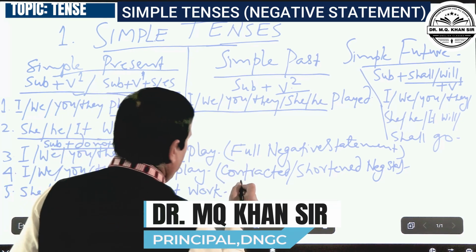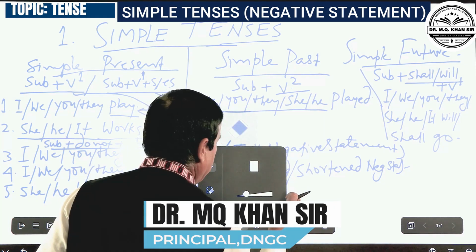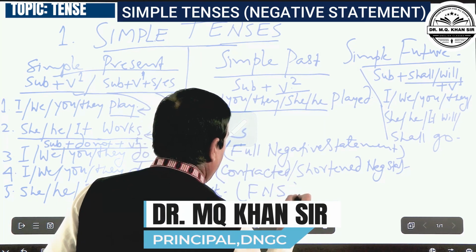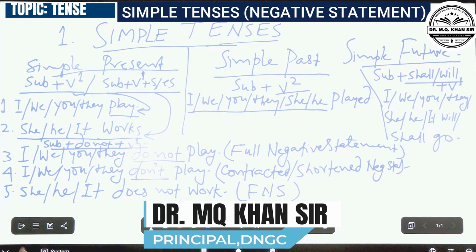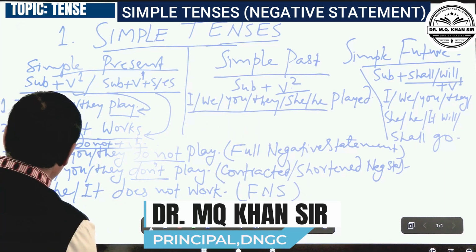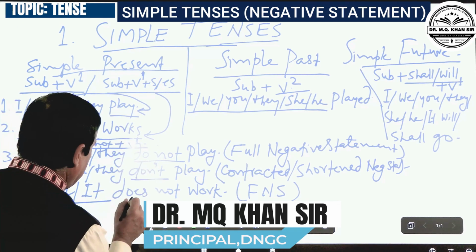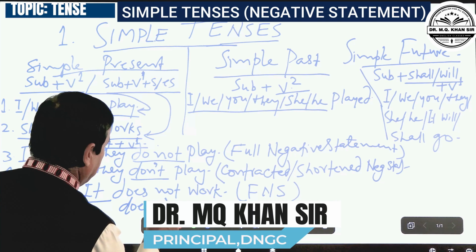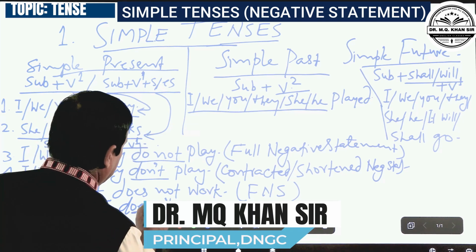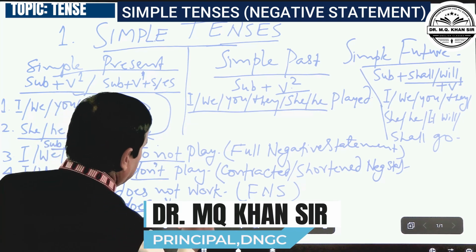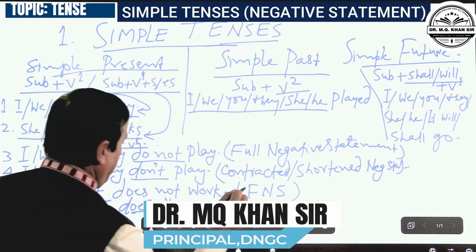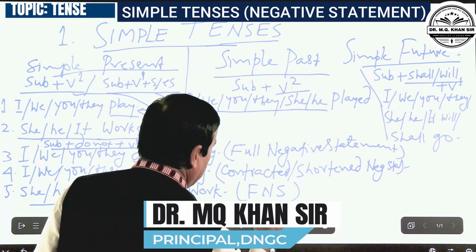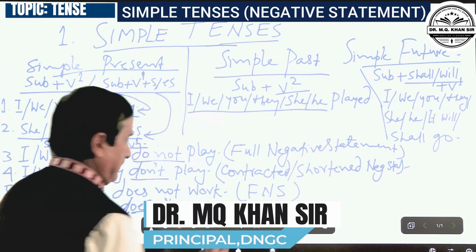This is full negative statement. And contracted negative, all will remain same, only here does, doesn't. This doesn't work. The rest all same. This becomes shortened or contracted negative statement.